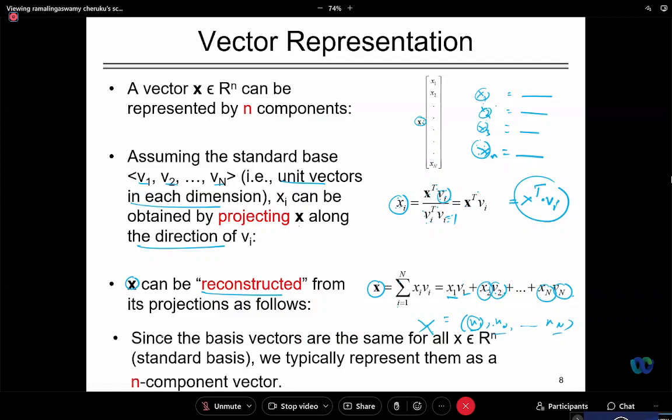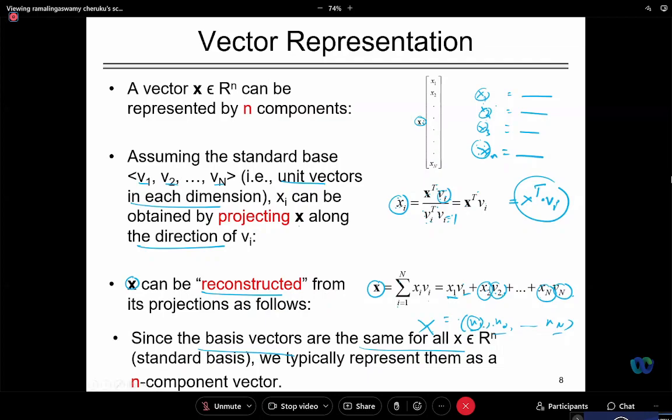Since the basis vectors are the same for all x belonging to R to the power n, whatever sample belongs to the n-dimensional space, the basis vectors are common. So these are standard basis vectors. We typically represent them as an n component vector.